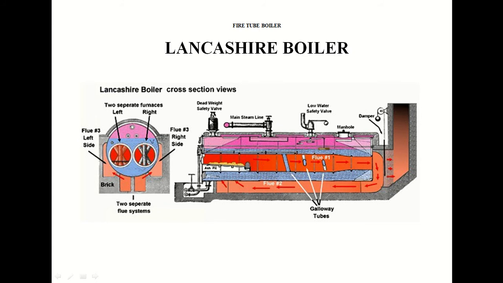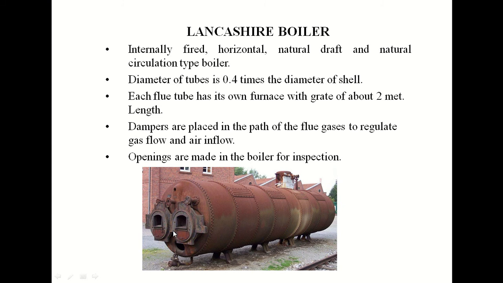Here is the deadweight safety valve at the top, then the main steam line where the steam will be collected, or the steam path. This is the low water safety valve, this is a manhole, and this is a damper. When required, the flue gas will flow through the chimney.